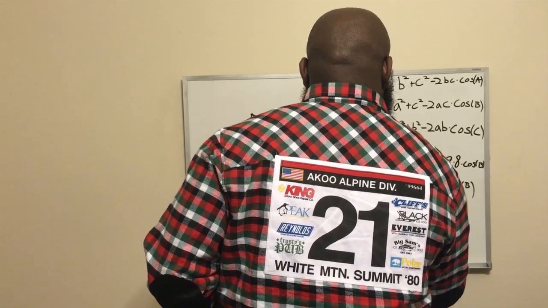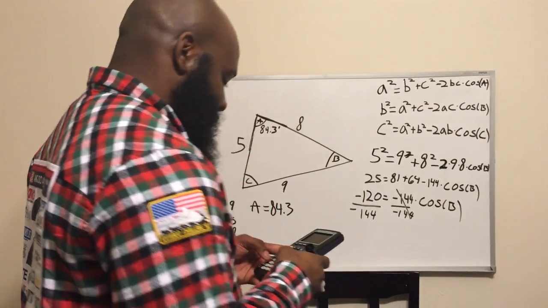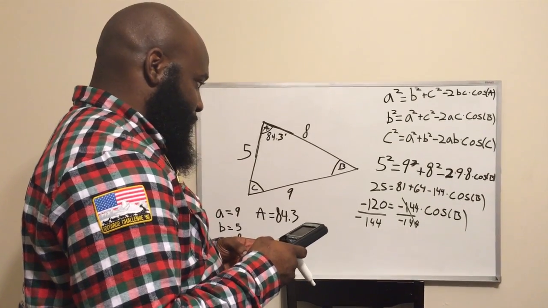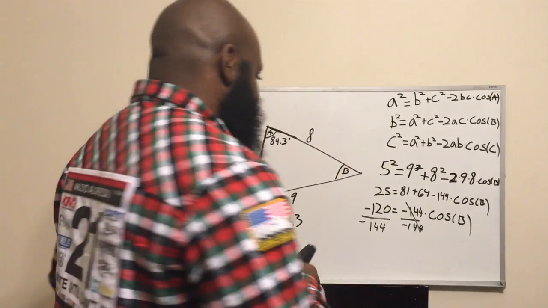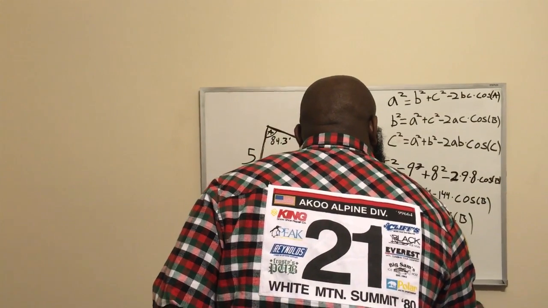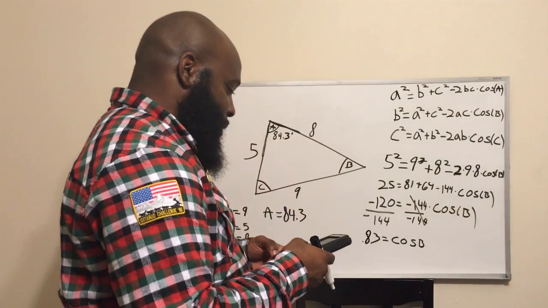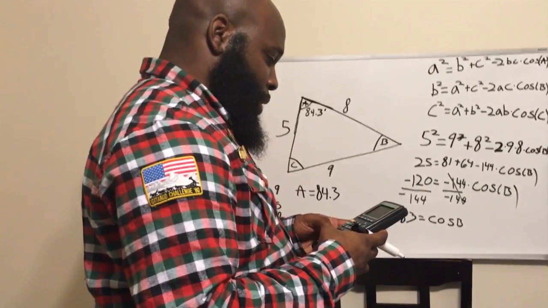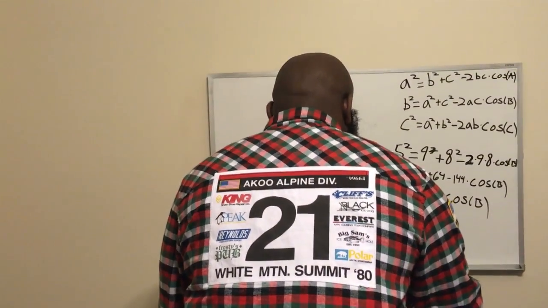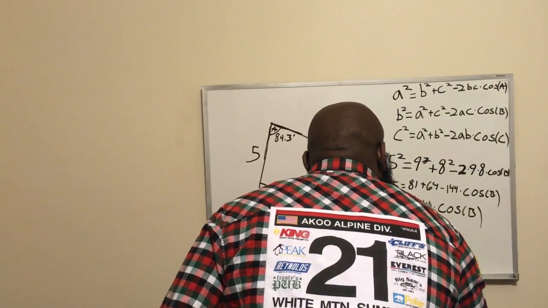Let's get rid of this right here. Negative 120 divided by negative 144 is equal to 0.83. We'll take the inverse of that, and we have 33.9 degrees.